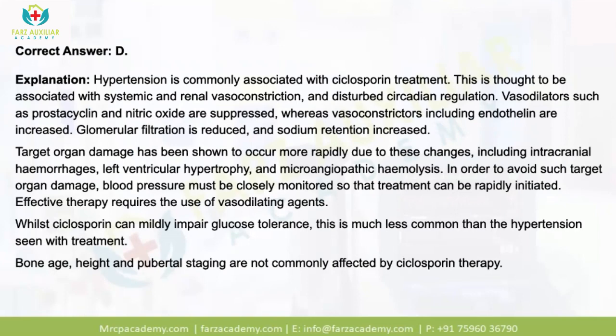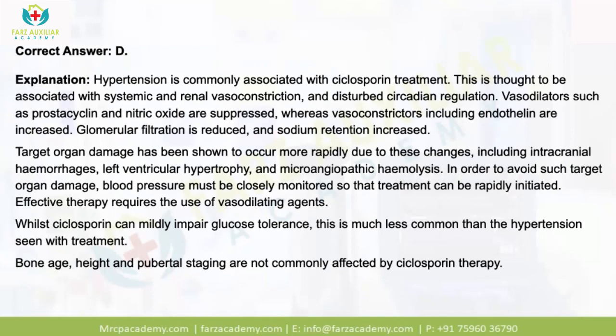It is thought to be associated with systemic and renal vasoconstriction, and it disturbs the circadian regulation. Vasodilators such as prostacyclin and nitric oxide are suppressed, whereas vasoconstrictors including endothelin are increased. And because of afferent arterial constriction, glomerular filtration is reduced and sodium retention is increased.